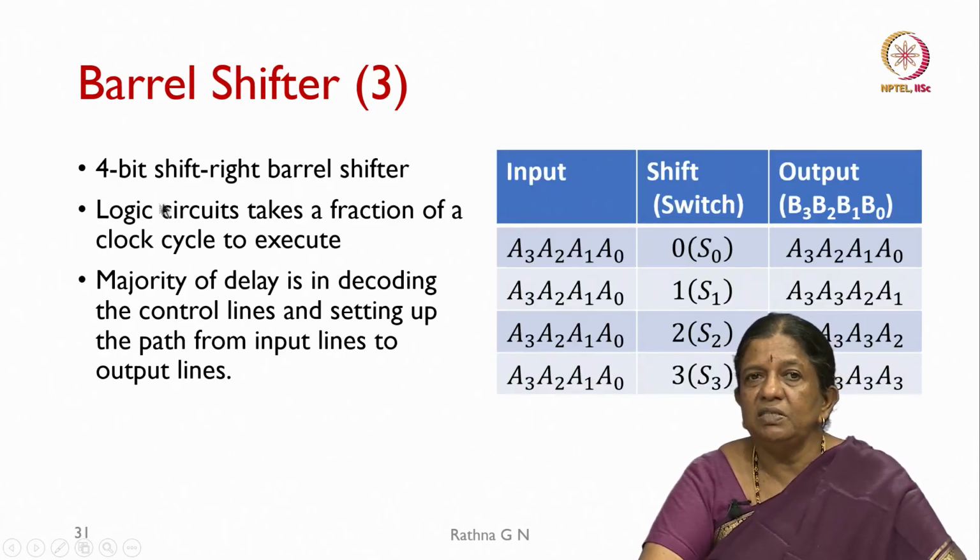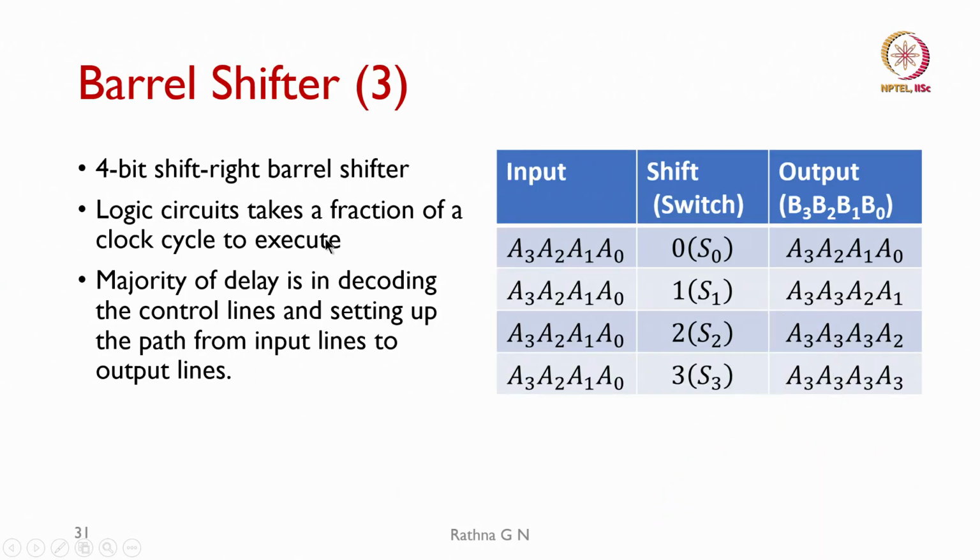The logic circuit takes a fraction of a clock cycle to execute this, and the majority of the delay is in decoding the control lines and setting up the path from input lines to output lines. Otherwise we would get the output in a fraction of a clock cycle.